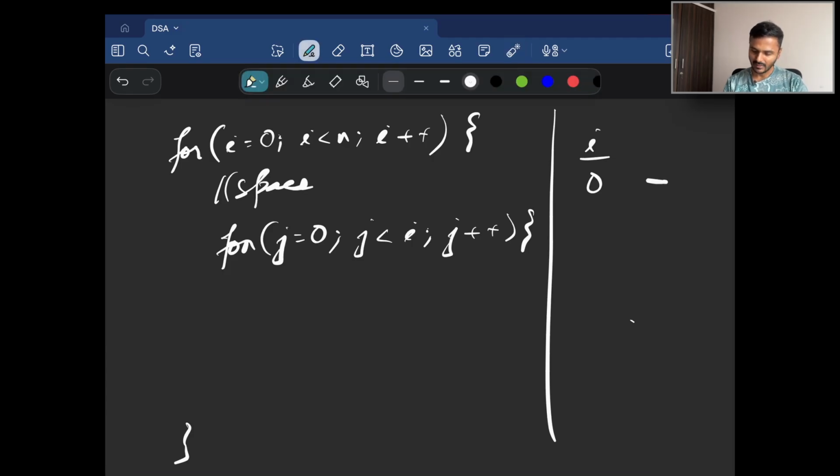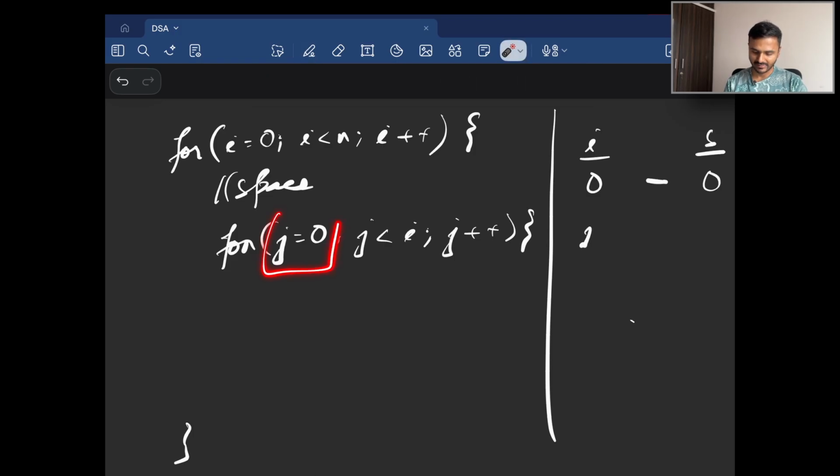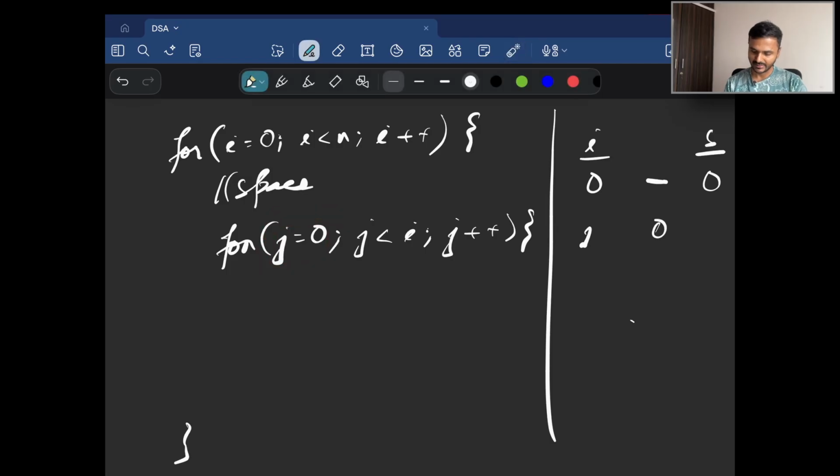And that means the number of spaces that we will be printing is 0. Then when I equal to 1, j will start from 0 and go all the way up to less than I. Since I is 1, j will start from 0 and go up to 0 only, which means it will iterate only once. And with that, we'll be able to print just one space.